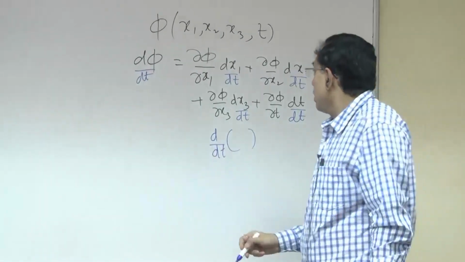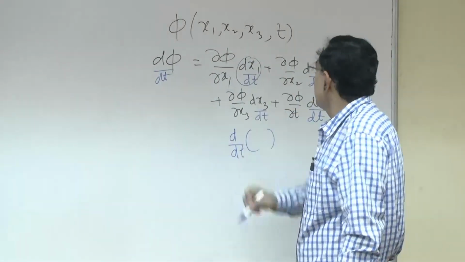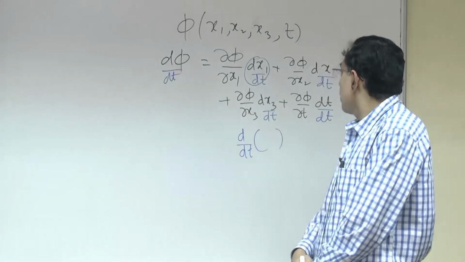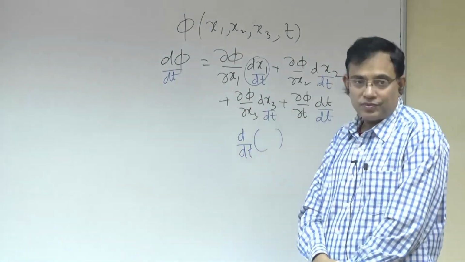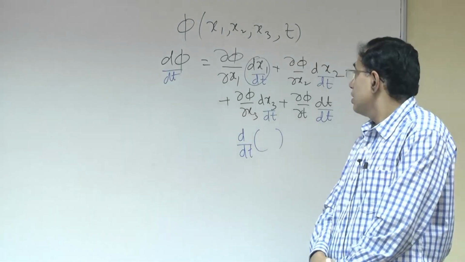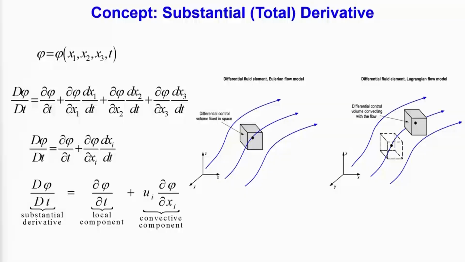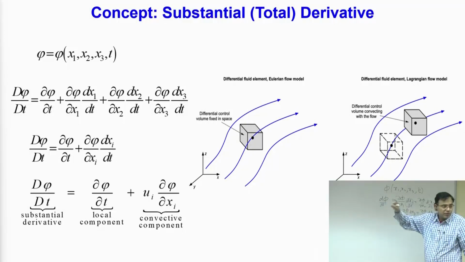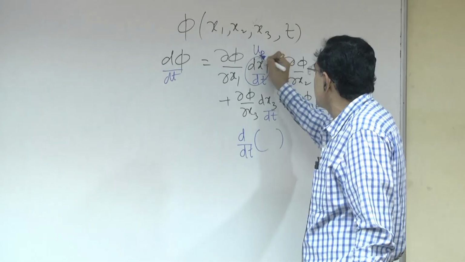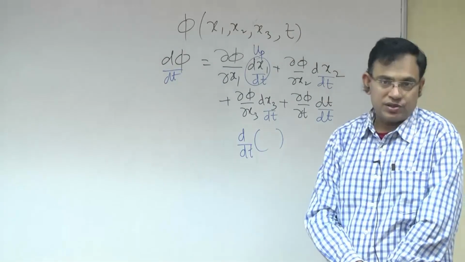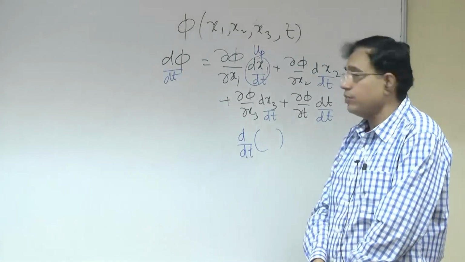Now, what is this? This is the rate of change of x1 with respect to time. If you are describing it as a follower particle, that cuboid type of thing which is moving, this is its x1 component of velocity.